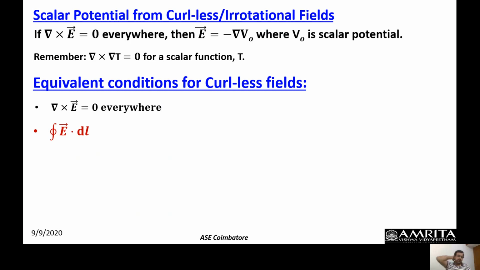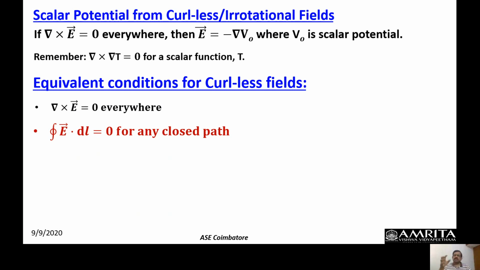What about condition 2? If you remember the gradient theorem, divergence theorem, and the curl theorem, there is a closed line integral on the right hand side of the curl theorem, and there is a line integral in the gradient theorem.